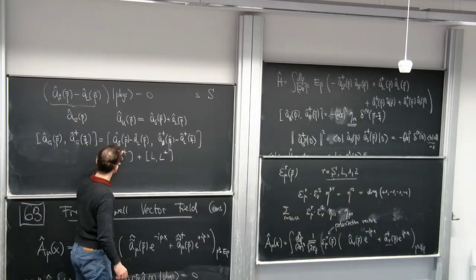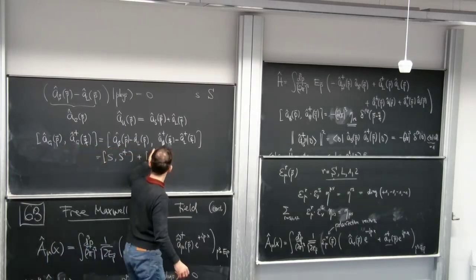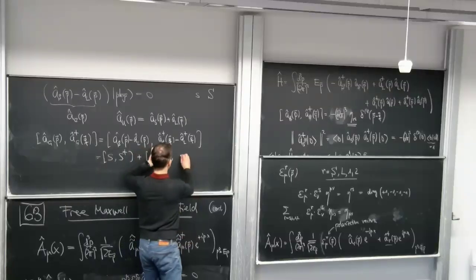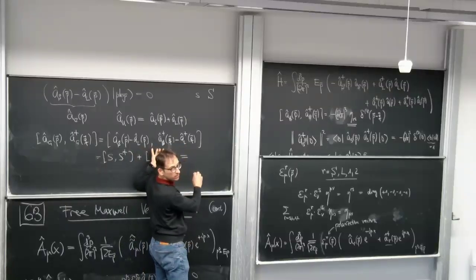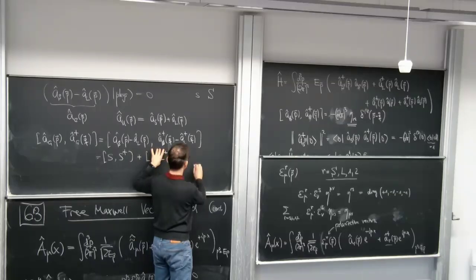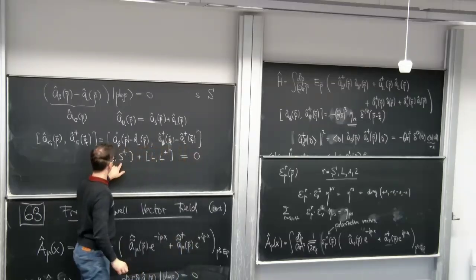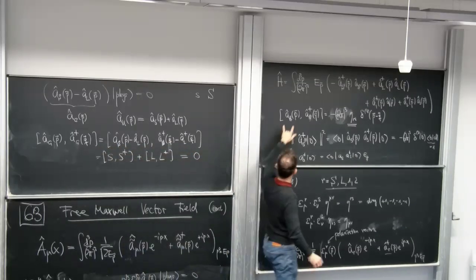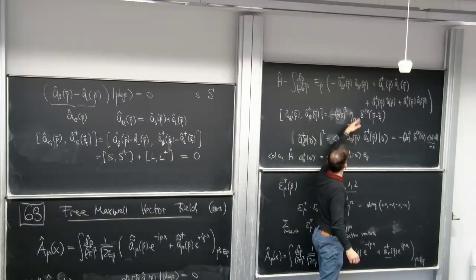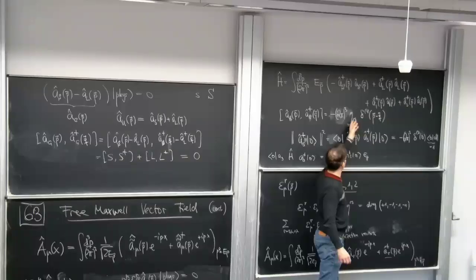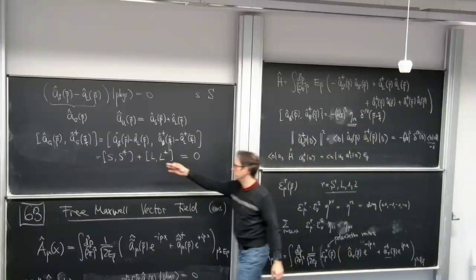All I want to say is that this comes with a minus sign and this comes with a plus sign. What's the answer? 0. Right? The commutation relation of S with S is whatever it is with the minus sign from here, and the other one is with the plus sign, so it cancels. That's why it could be sketchy.